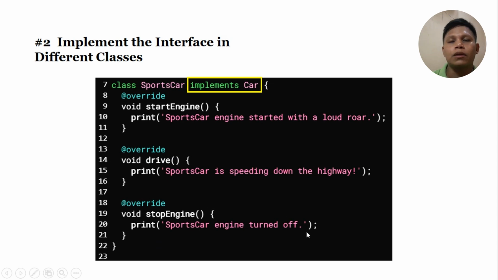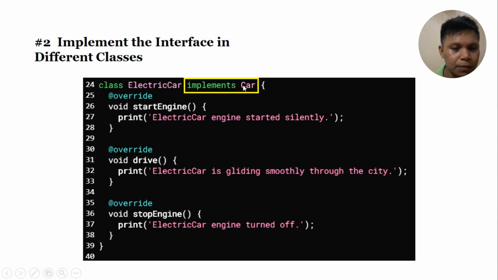Now, how about for the electric car? It's still the same. Again, we are using the implements keyword and specifying the interface that we need to implement, in this case, Car. And again, we override all the methods listed in this interface and provide the specific instructions.